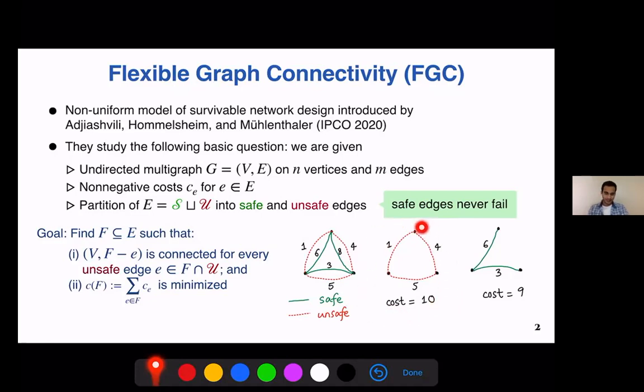This solution is feasible because no matter which unsafe edge you delete, the remaining subgraph is still connected. And this subgraph is feasible for FGC because there are no unsafe edges in this, so there is no chance of losing connectivity. Again, I would like to remark that in all the problems that we considered in this work, we may pick at most one copy of an edge.